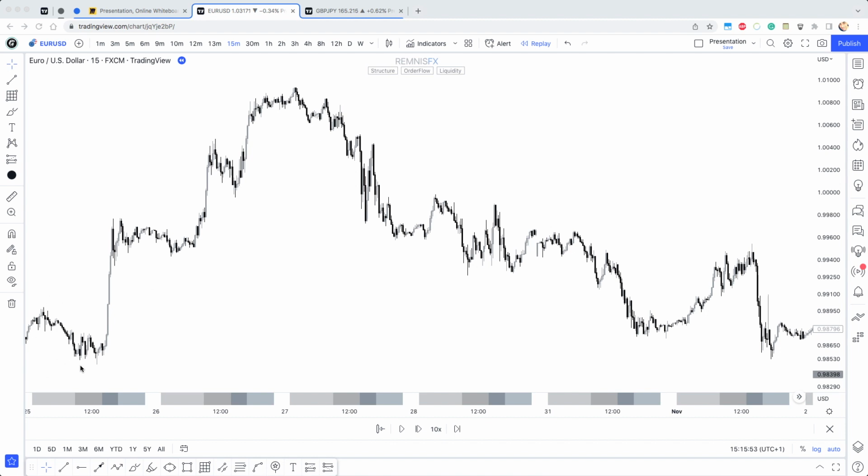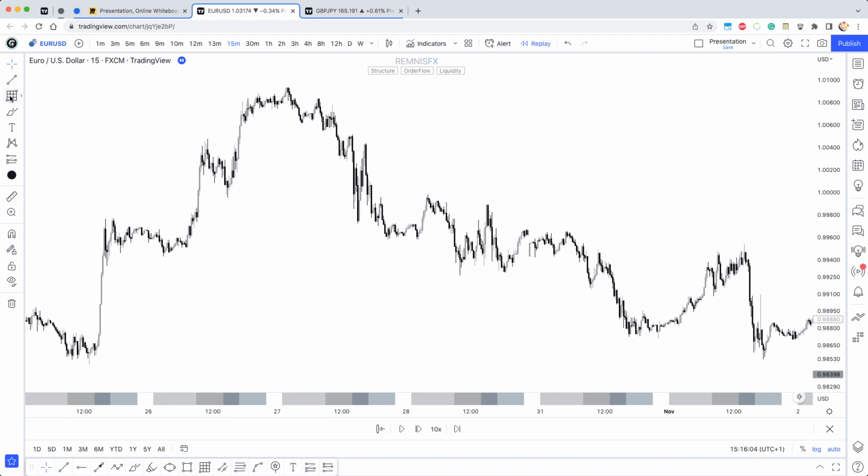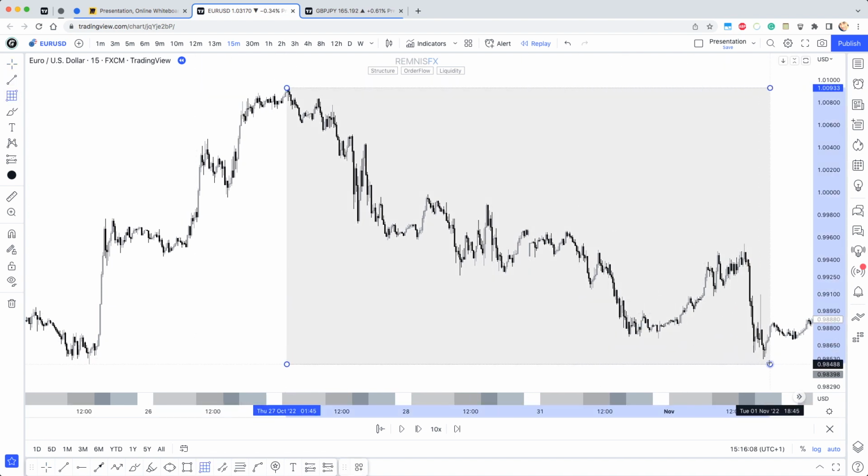Because ignore everything what happened here for the moment, right? So just focus on like from this high to this low, right? Where do you think in this gray area are all the order flow running? Where you can look for possible entries, right?